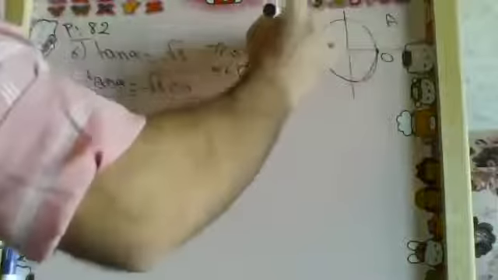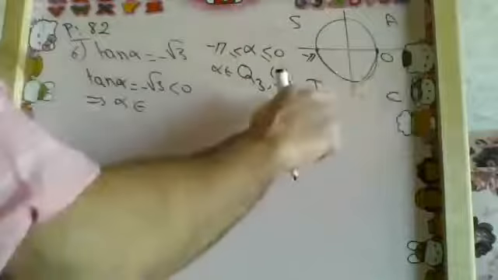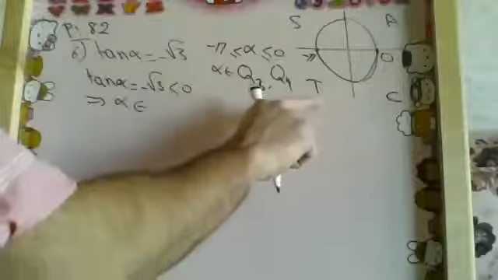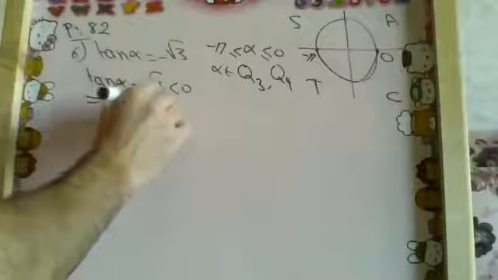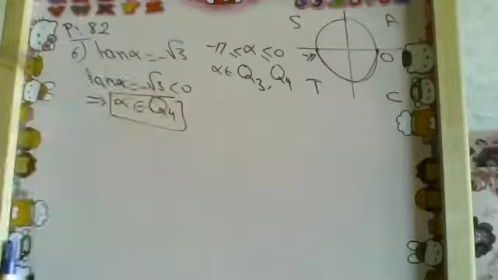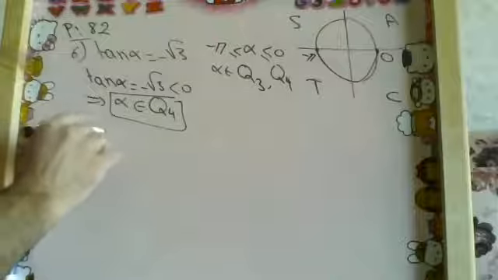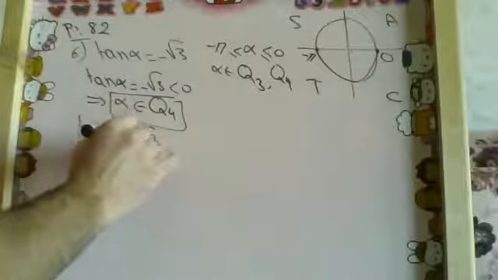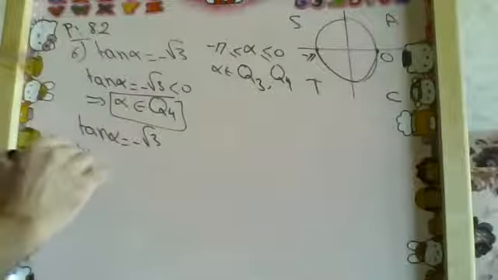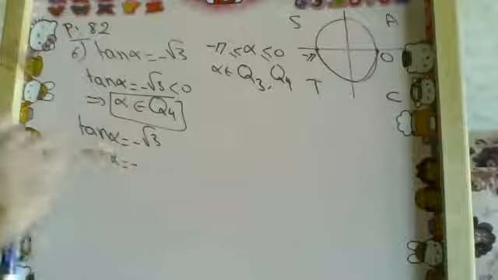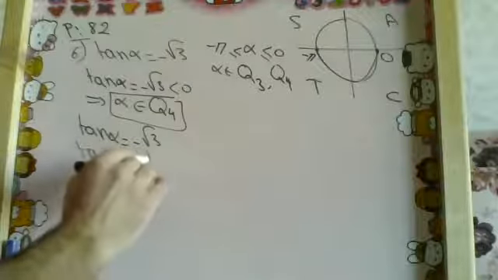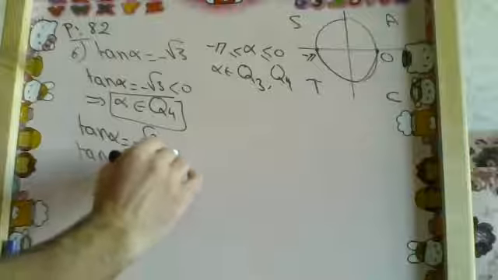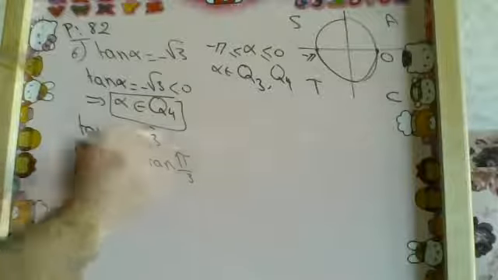In quadrant 3 tangent is positive, so alpha belongs to quadrant 4. Now, tangent alpha equal to negative radical 3. From the table, tangent of what gives radical 3? Pi over 3.